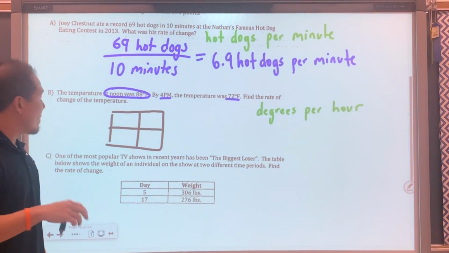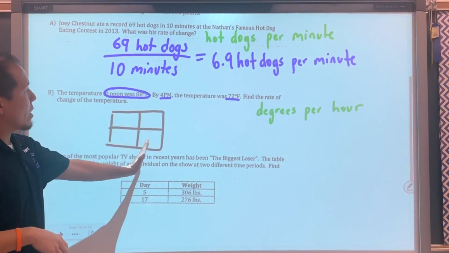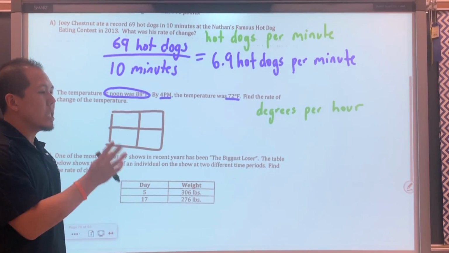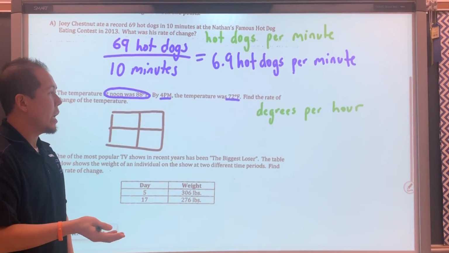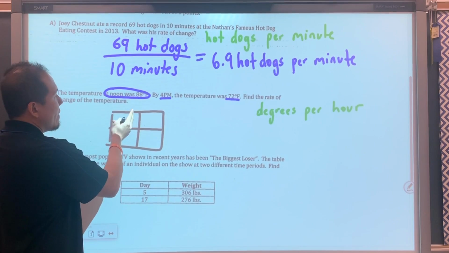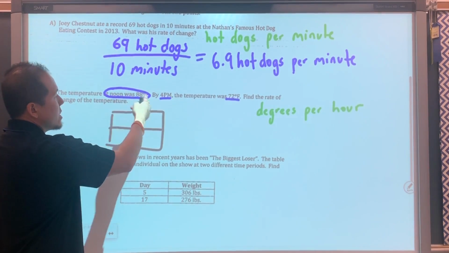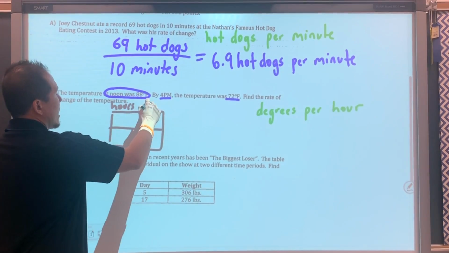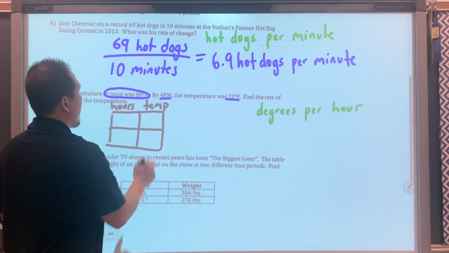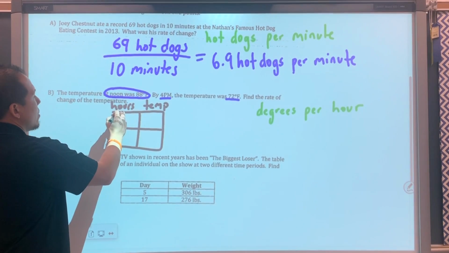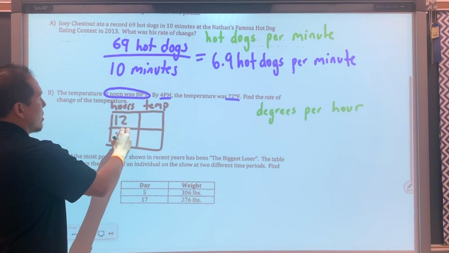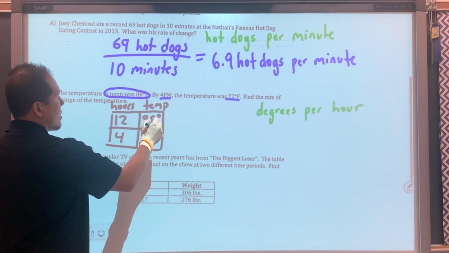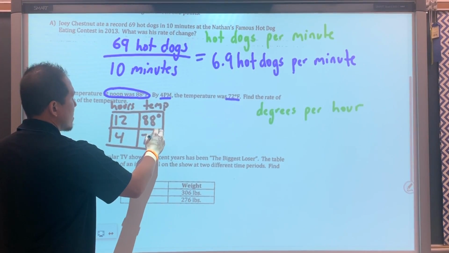And this is where it gets a little confusing. What goes first? What goes second in our table? Think about this: what changes the other one, or causes the other one to change? Well, the number of hours causes the temperature to change. So hours is here, and temperature is here. We started at noon and went to 4, and we started at 88 degrees and went to 72 degrees.